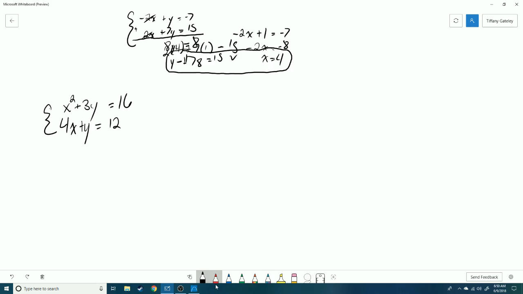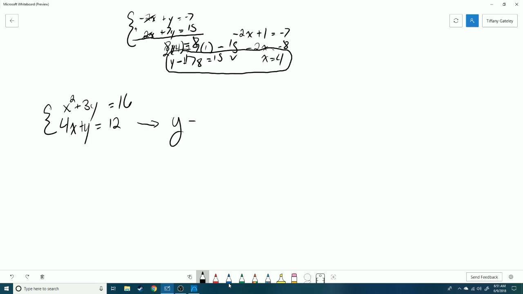Okay, so in this one we're going to use substitution. Because of the x squared, we can't really multiply to get an x by itself. I mean, we could multiply this one down here by -3 and add, but I think substitution is going to be the easiest route with this one. We're going to solve this equation for y.